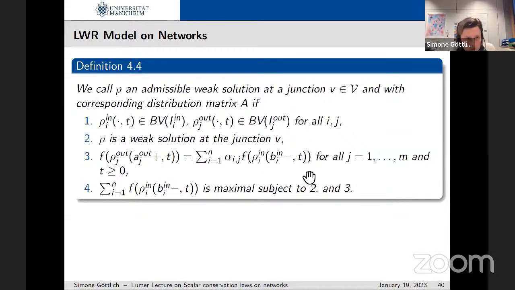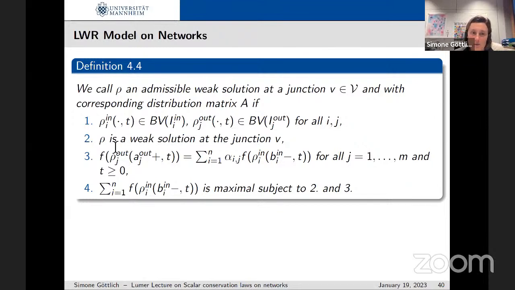This leads to the definition of an admissible weak solution. Again, the crucial point is thinking of what happens at the junction. The solution concept for each individual road is clear, but what does it mean to consider the combination with the junction? The first point is that we assume that at the junction we have these BV data for ingoing and outgoing roads.